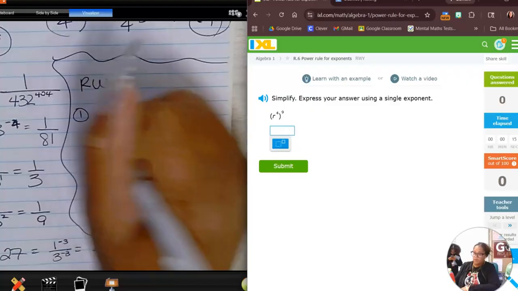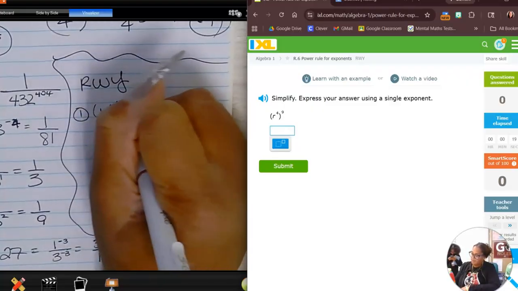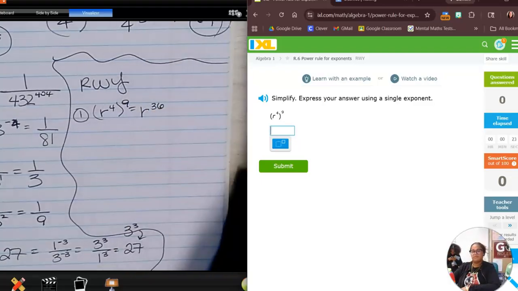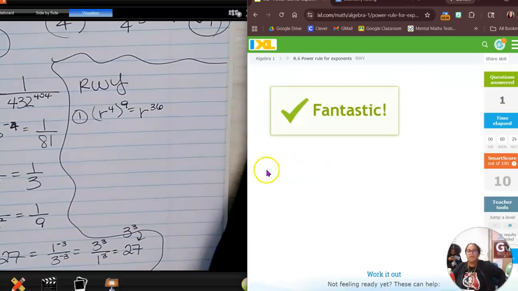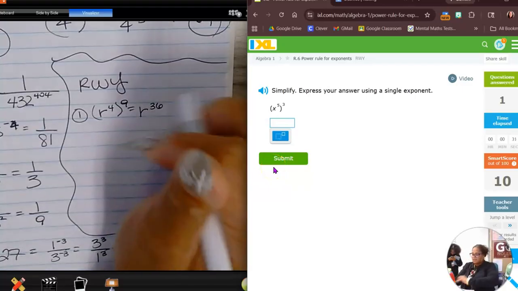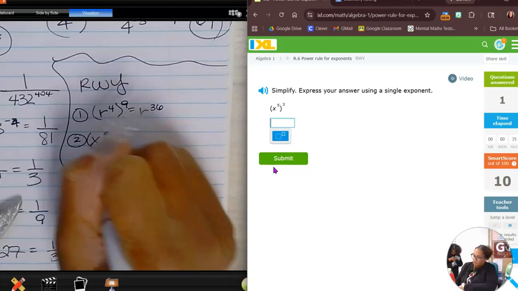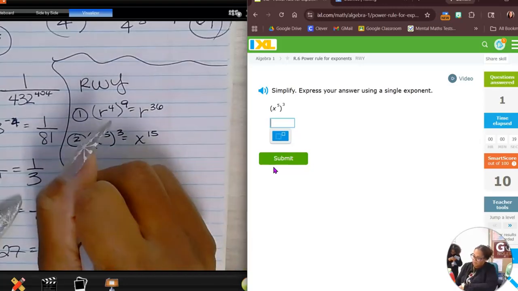RWY, number 1. R to the 4th power to the 9th power is 4 times 9, which is 36, if I do my math correctly. R to the 36. Let's let IXL check me. I was right. X to the 5th power cubed equals x to the 15th.